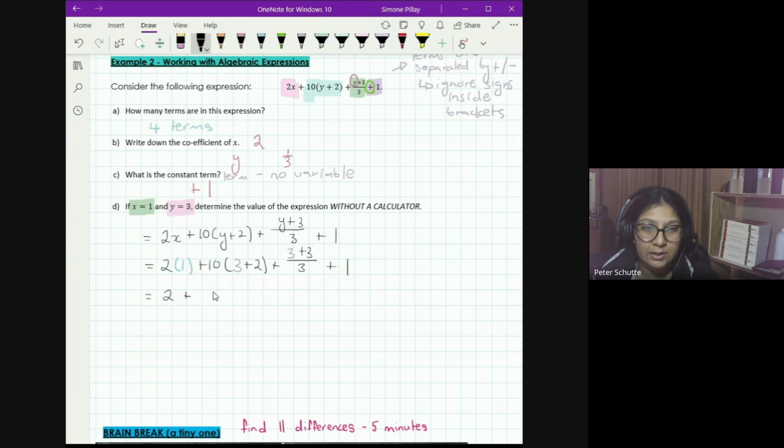Yes, good. So if we simplify the brackets over here, this is going to be 10 times 5 plus 3 is going to give me 6 over 3 plus 1. Simplify it a little bit more. 2 plus 50. 10 times 5 is 50 plus. Somebody tell me what is 6 divided by 3?